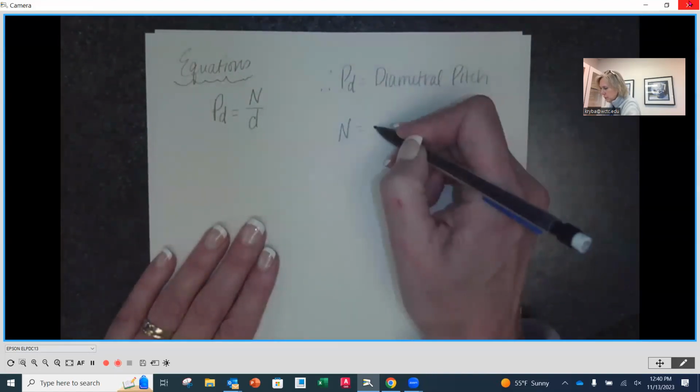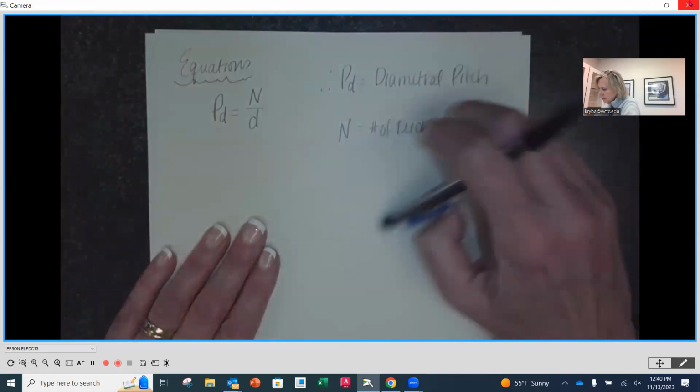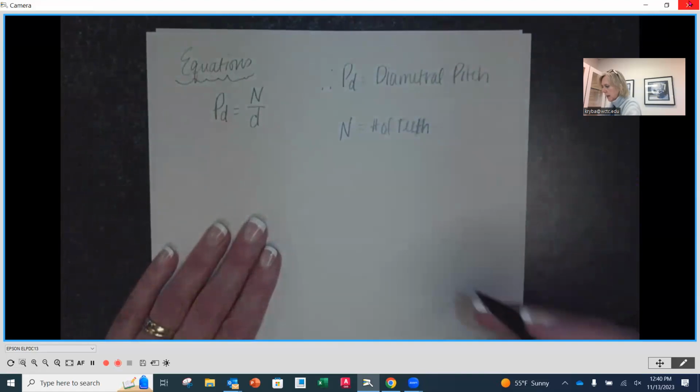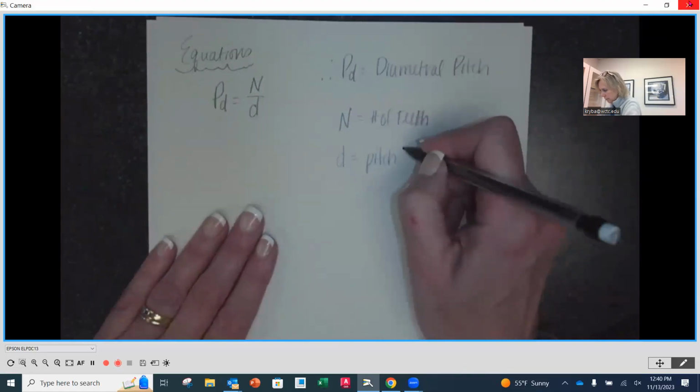N is equal to the number of teeth, and that's going to be on whatever gear we're dealing with.